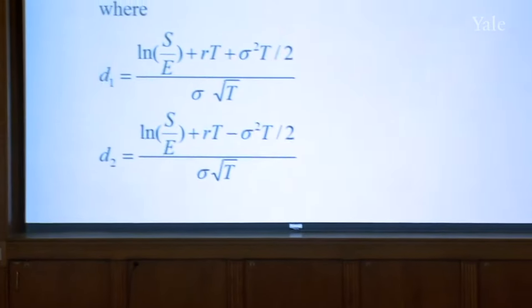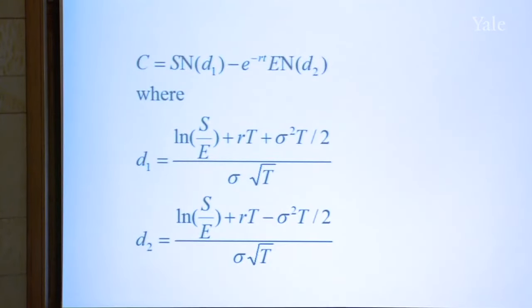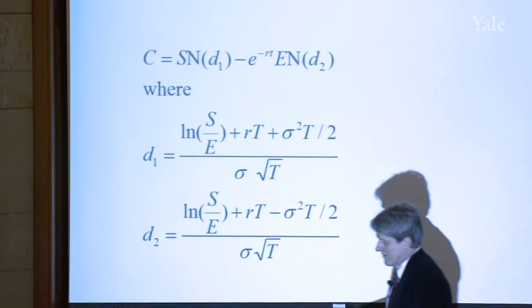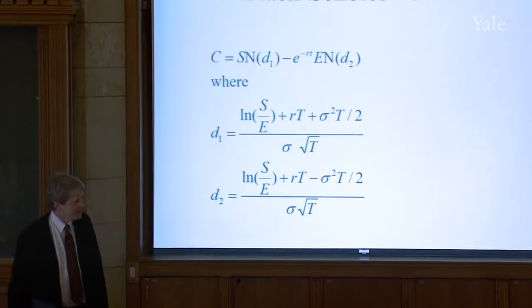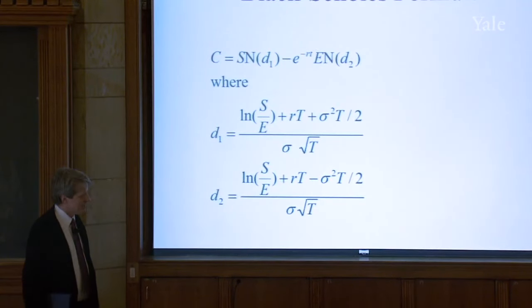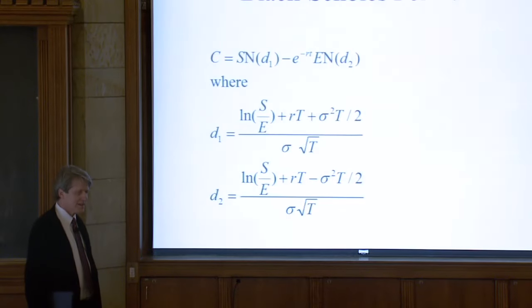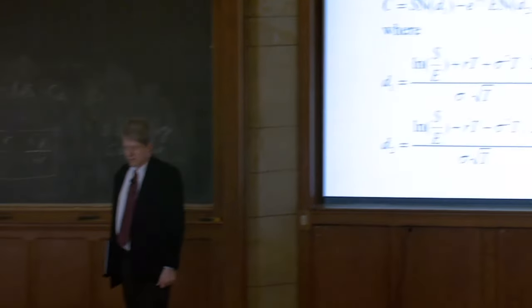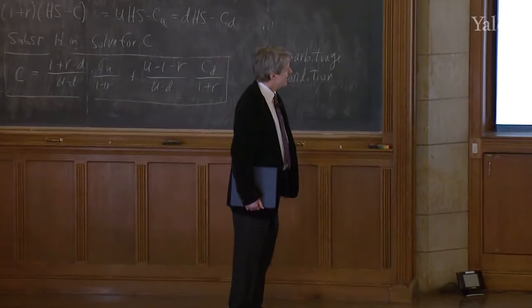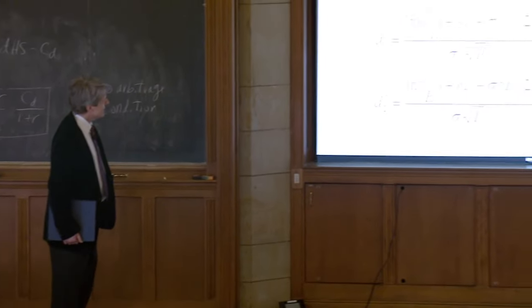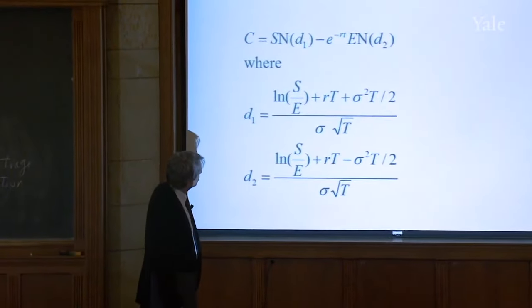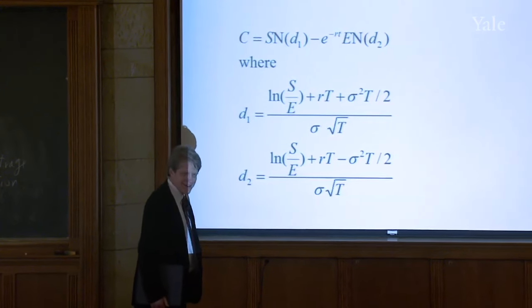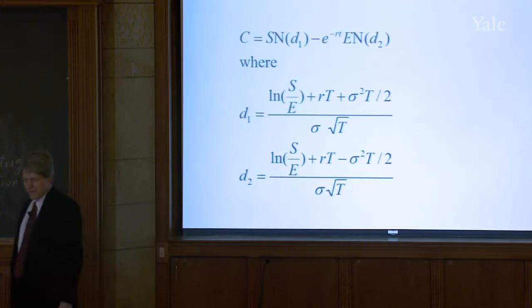This was derived in the early 70s by Fisher Black, who was at MIT at the time, I think, but later went to Goldman Sachs, and Myron Scholes, who is now in San Francisco doing very well.